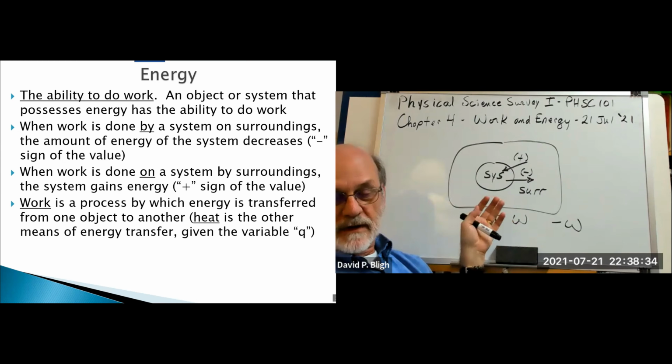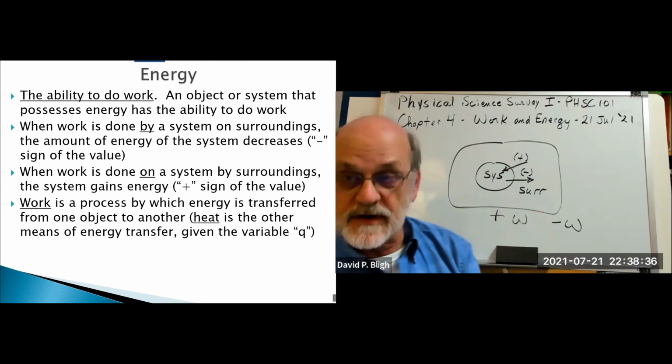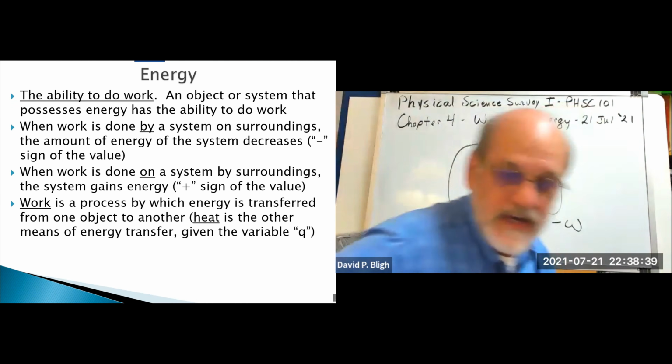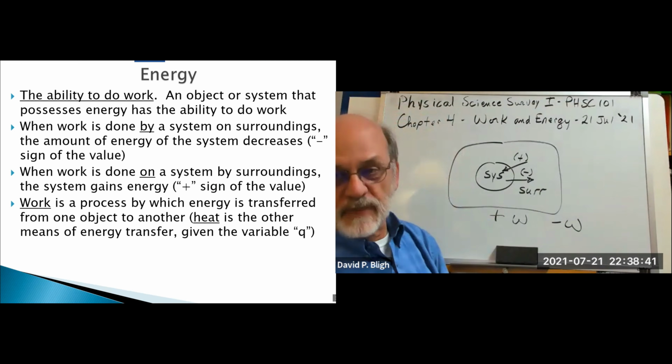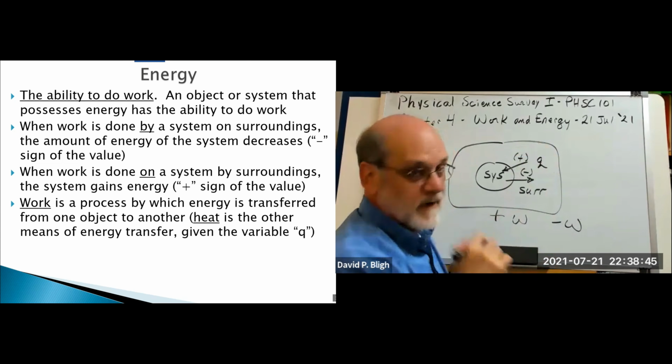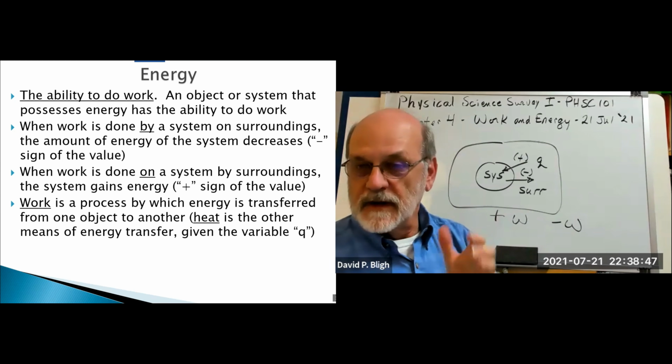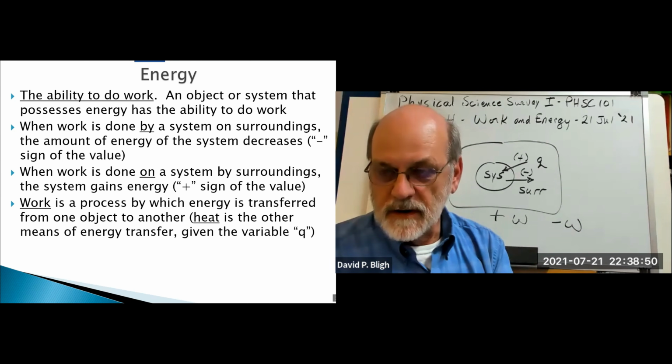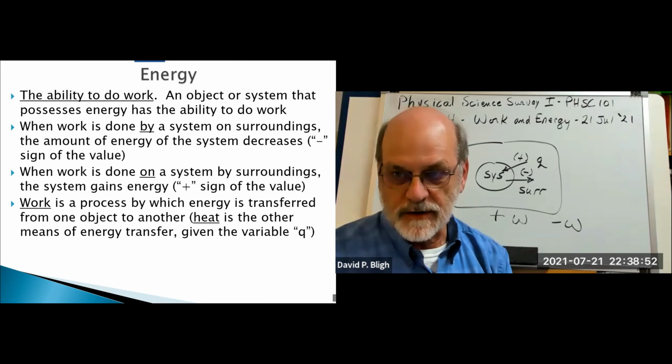Now this can happen in various forms. Very often it happens in the form of heat. So heat transfer. And we have a symbol that we use for heat, which is a little Q. Right? And heat is measured by a change in temperature.